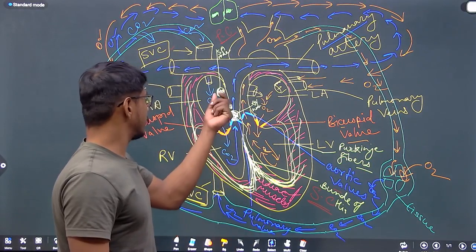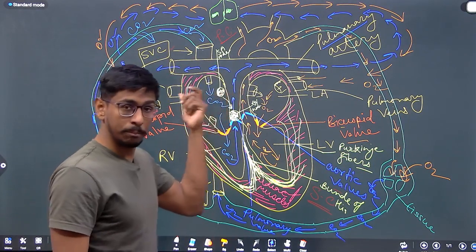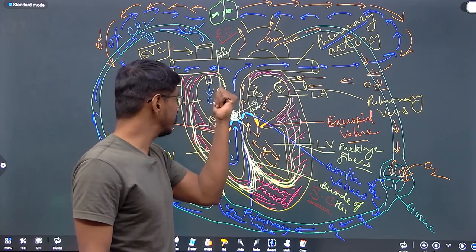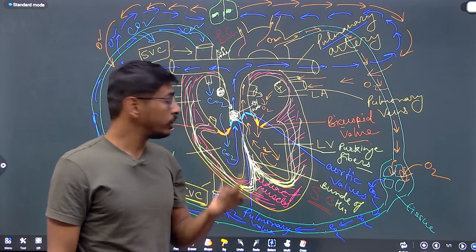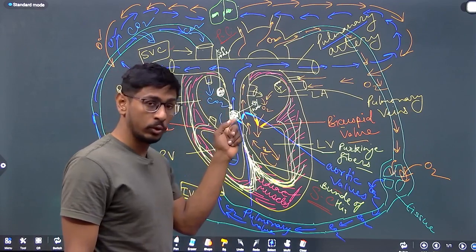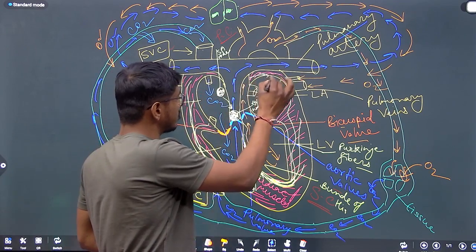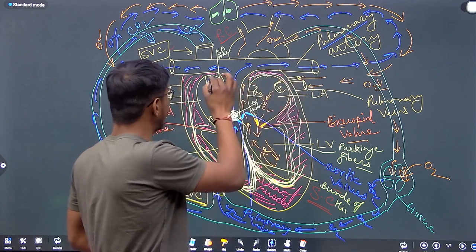Once the rhythm, the beat, the signal is generated in the SA node, sinoatrial node, it comes down to the AV node. Simultaneously, it comes down to these muscles also, because neurons are located here also.